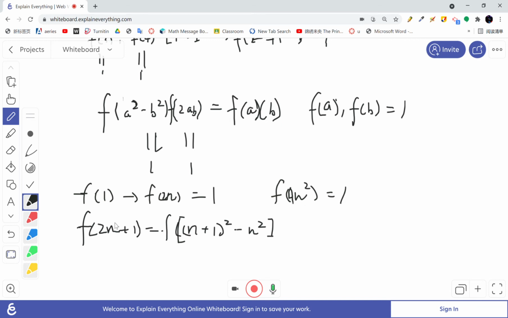Which we know that n plus 1 and n. So which we know that, this becomes f of, wait, no. So 2n plus 1 is equal to the difference of these two.